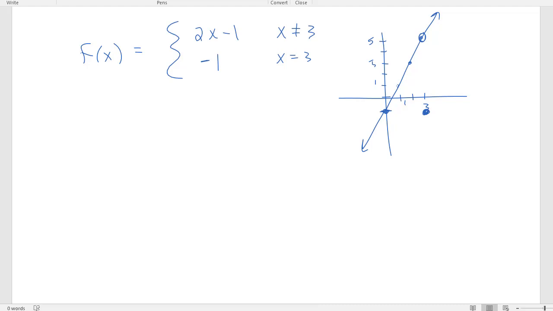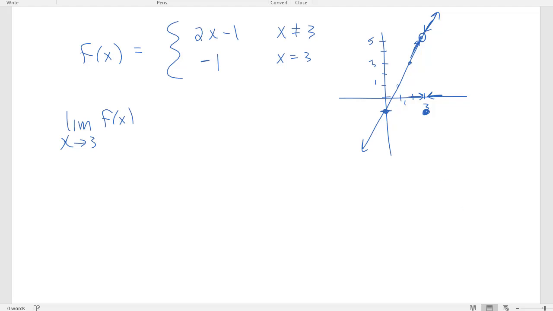Now, let's suppose we were looking at the limit of f as x approaches 3. This limit means we're going to get closer and closer to 3 without actually getting to 3. So if I look visually on my graph, as I get close to 3 from the right, we can see the y values are trying to get to 5. And as I approach 3 from the left, we can see the y values are trying to get to 5 as well.